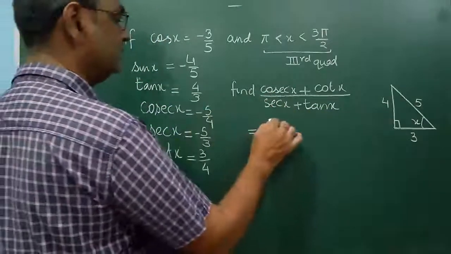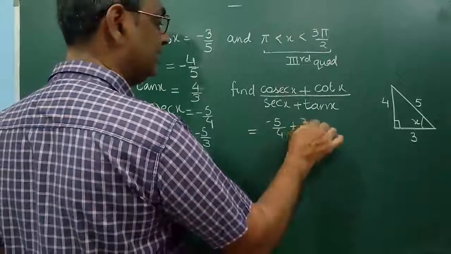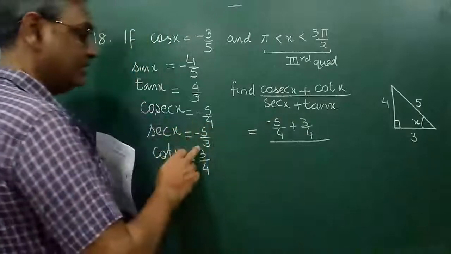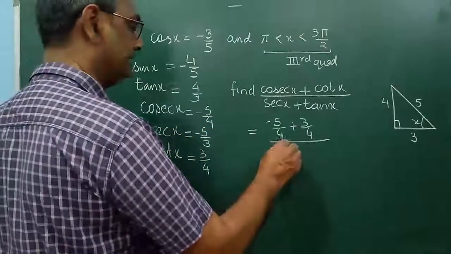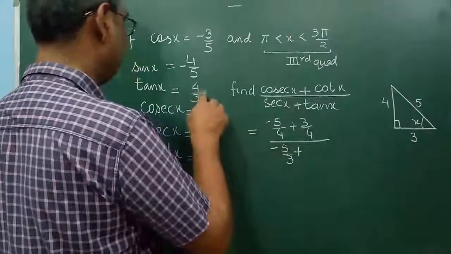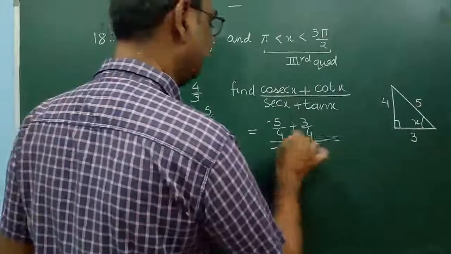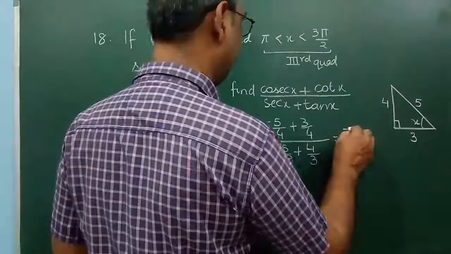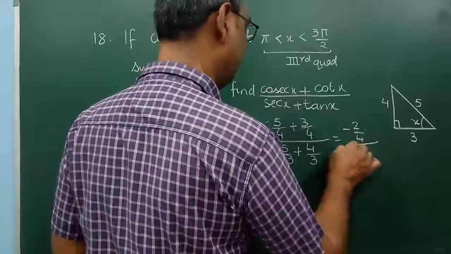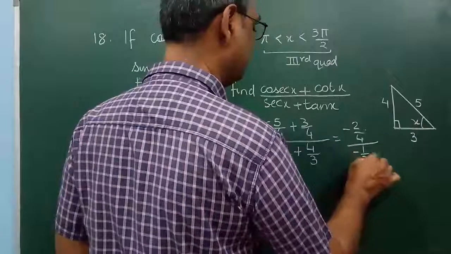Cosec x is minus 5 by 4 plus 3 by 4, whole upon sec x, which is minus 5 by 3, plus tan x, which is 4 by 3. Means here minus 2 by 4 divided by minus 1 by 3.